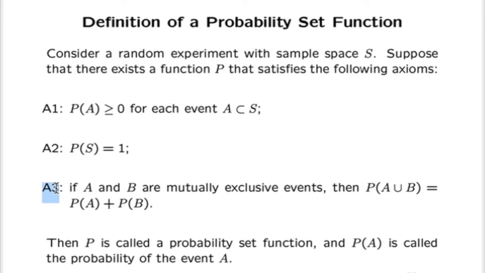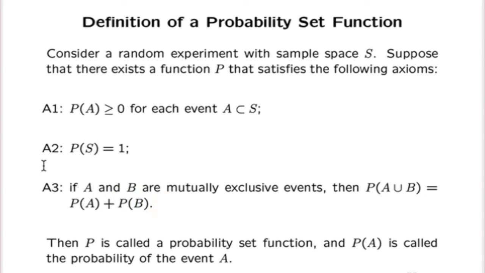Axiom 3 says that if two events A and B are mutually exclusive, then the value of this function on the event that at least one of the two events occurs is equal to the sum of the values of the function evaluated at the component events, so P(A) plus P(B).